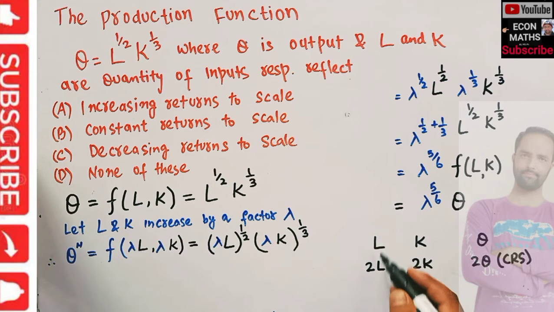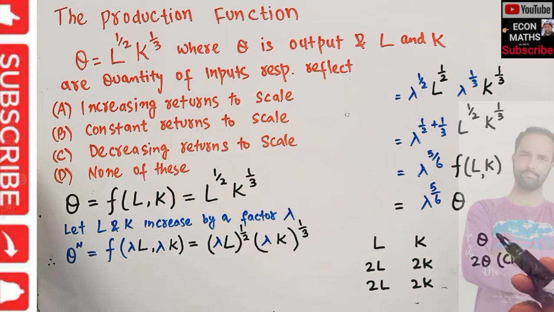Similarly, when I double the labor, double the capital, and my output gets less than doubled, that means less than 2Q, then I can say it is a case of decreasing returns to scale.